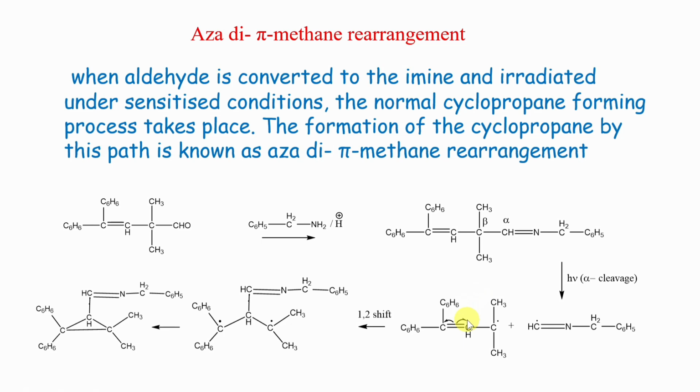And by this 1,2 shift we get a 1,3 biradical like this, and a new bond is formed between the first carbon and this third carbon in the 1,3 biradical, thereby forming a cyclopropane ring, and it is the end product. And this reaction is called the Aza-Di-Pi-Methane rearrangement.